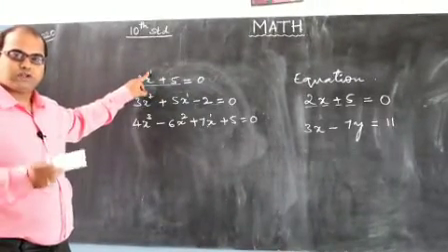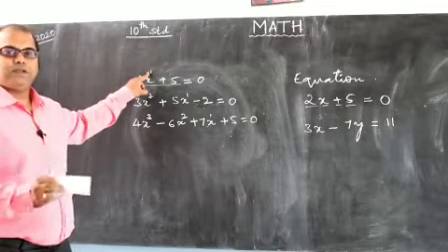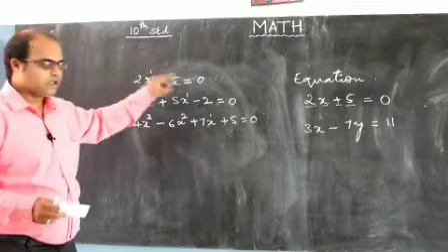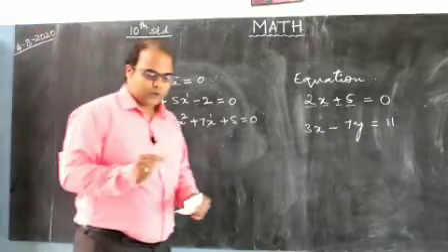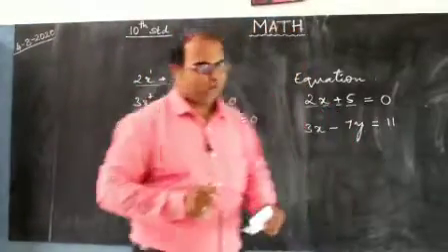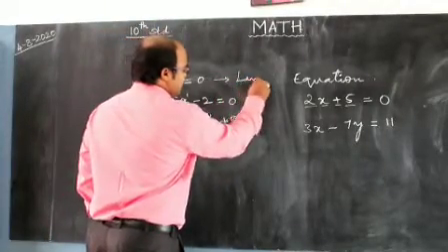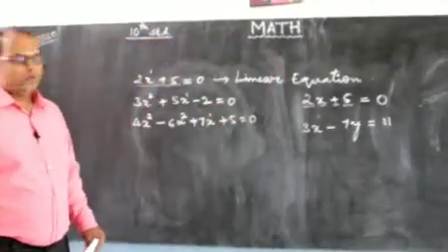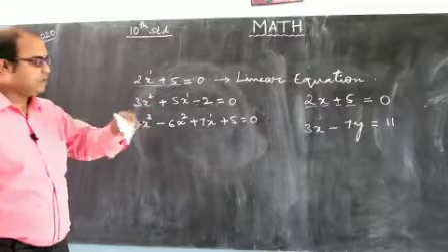Highest power is also called as degree. I repeat, highest power is also called as degree. So what is the degree of this equation? It is 1. When the degree of the equation is 1, then we call such type of equations as linear equations.